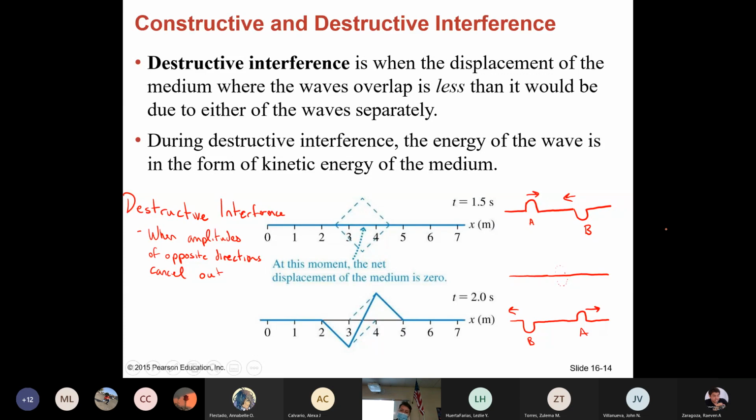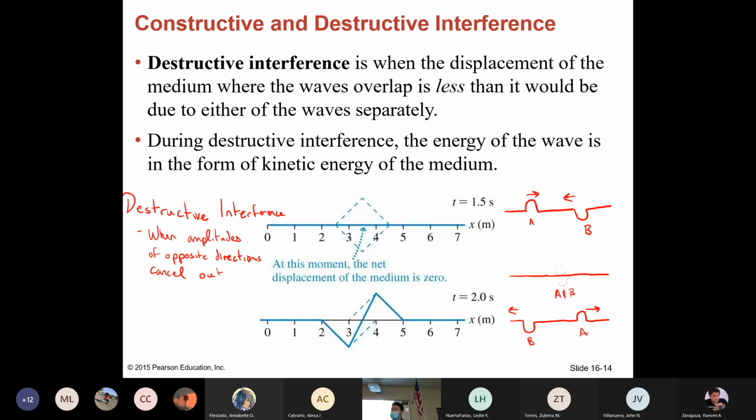So based on the little experiment that we did this morning, what would a destructive interference zone sound like? It would be the dead spots. Yeah, it is a dead spot because we're talking about amplitude.